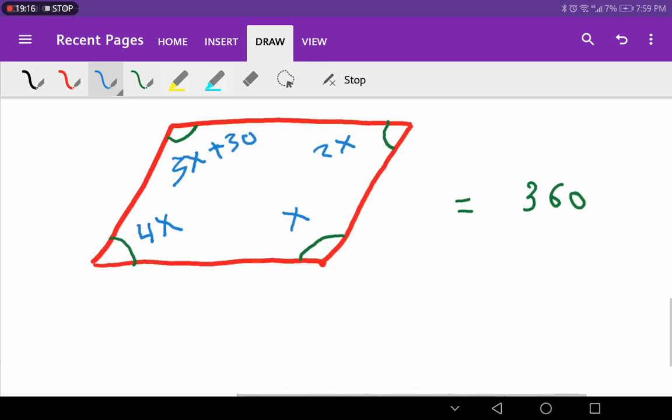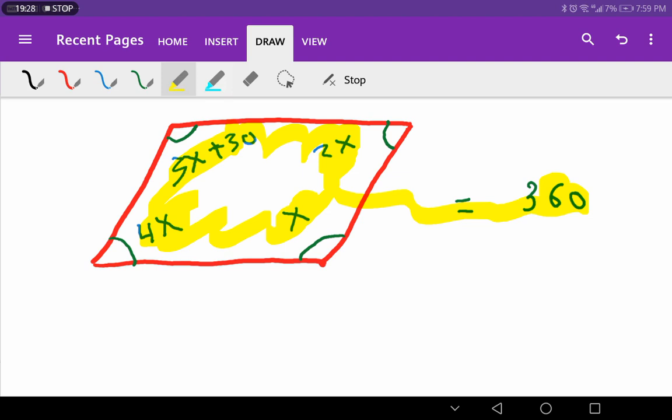Okay, actually you have to know that if you add all these angles, you must get 360. So let's combine the x's together and you will be happy.